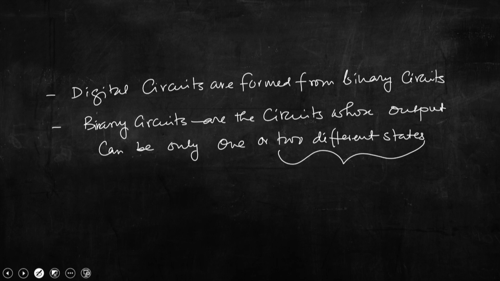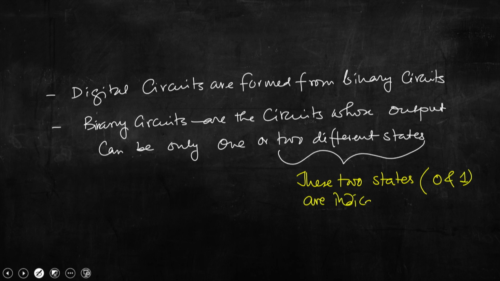So, if I write here, these two states, typically 0 and 1, are indicated, basically on and off. 0 means off, 1 means on. So, 0 and 1, these two numbers.